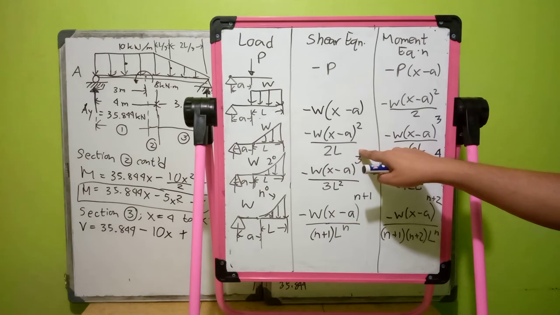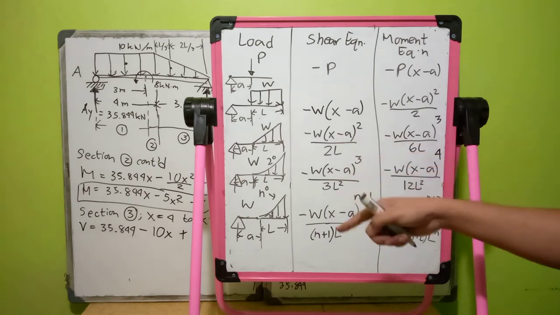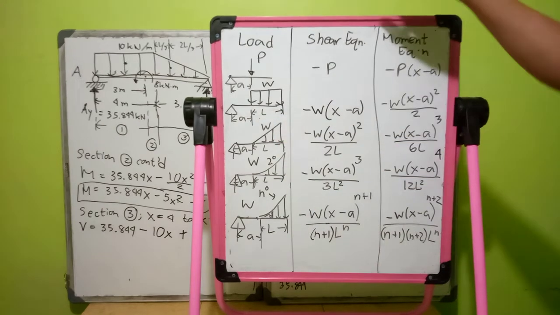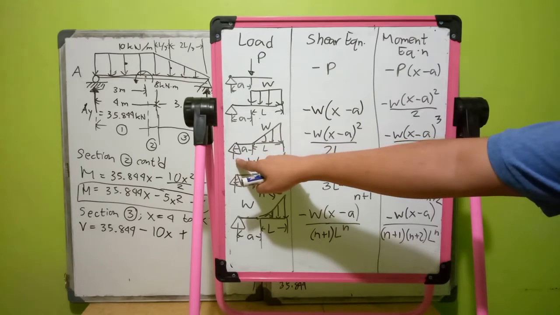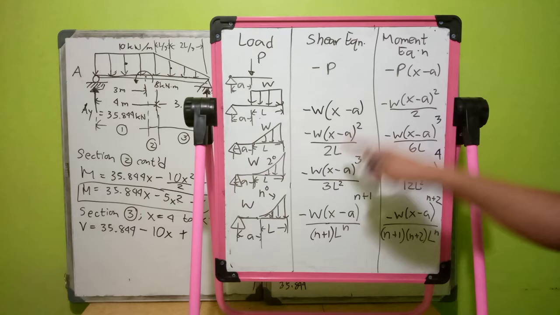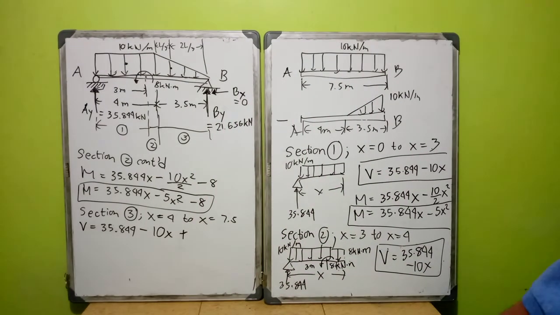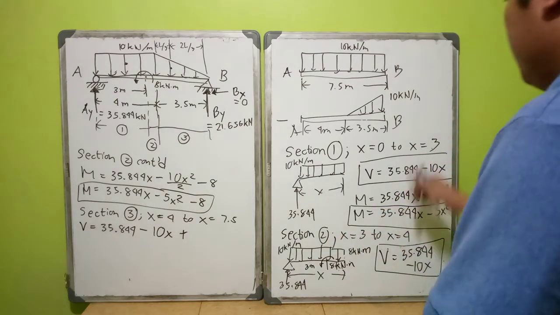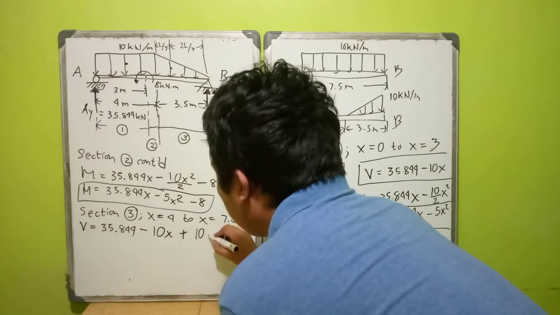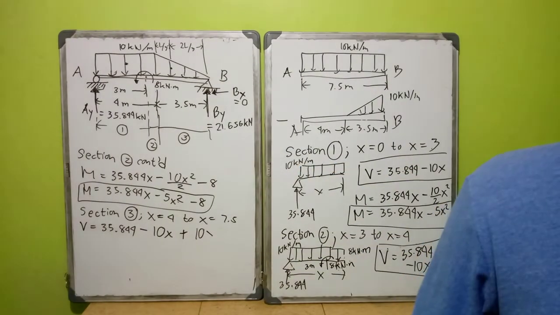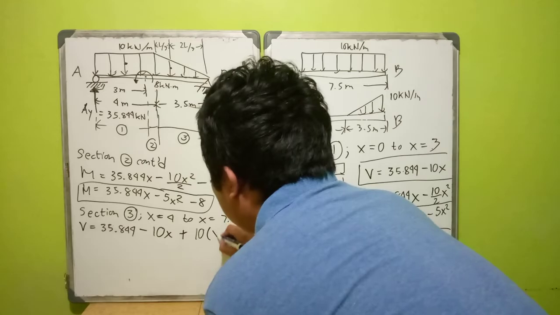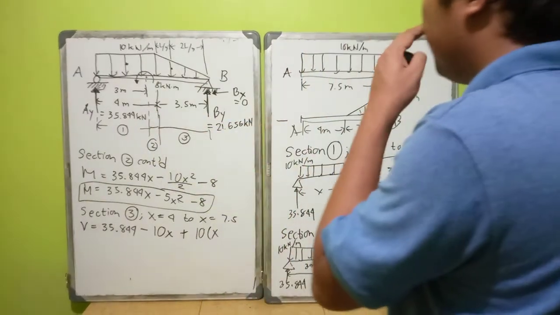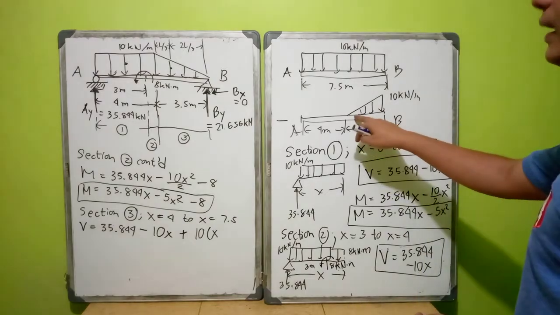Negative w times x minus a squared over 2L, and the a here is 4 meters, its distance from the leftmost support, and L, or the length, is 3.5 meters. So we have 10 times x. The a here is the distance of the leftmost support to the beginning of your rectangular loading.